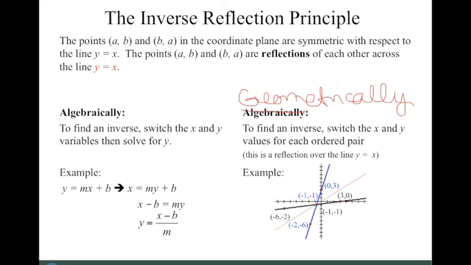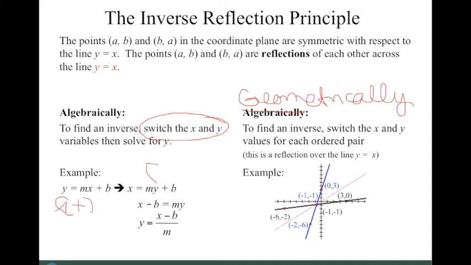Algebraically, to find an inverse, we switch the x and y and then solve for y. So remember those implicit functions, solving for y, that's what we're gonna do here. So we have y equals mx plus b. To find the inverse, we're going to switch x and y. So this was f of x.